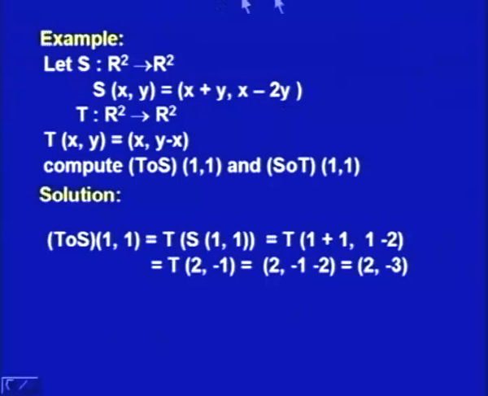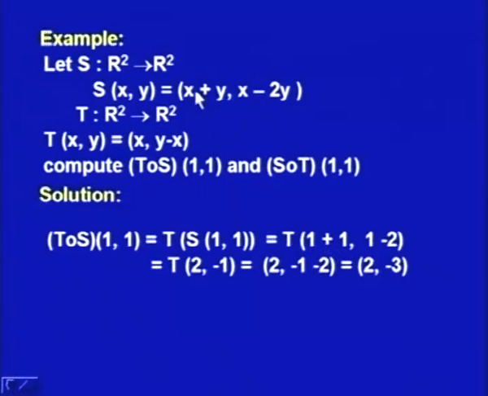So, let us see what happens. I start with T composite S of 1 comma 1. This means we first operate S, the linear transformation, on the element 1 comma 1. So, S operated on the vector 1 comma 1 gives me 1 plus 1.